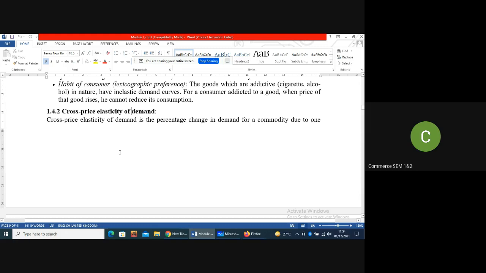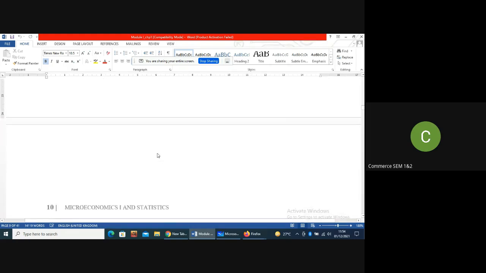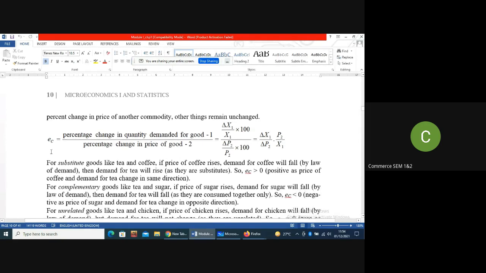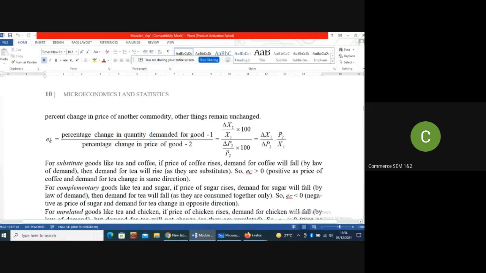So for that we need two commodities. We are saying this commodity 1 x1 and commodity 2 x2, and price of commodity 2 is p2. Now EC, cross elasticity, C stands for cross.